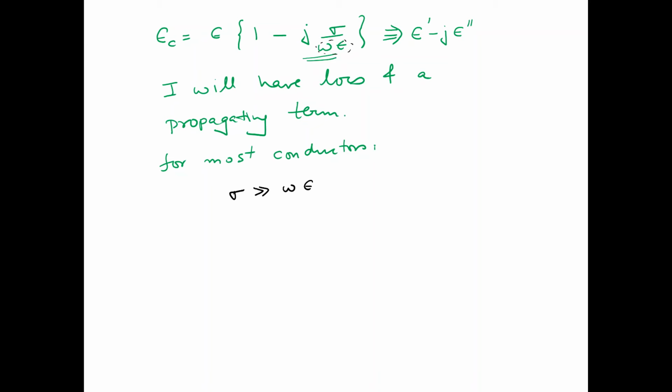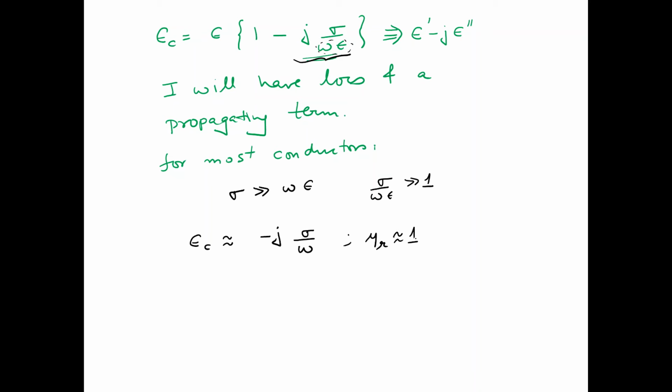So I can basically say that sigma by omega epsilon is going to be much, much larger than 1. So only this term is of importance. So my epsilon conductor, I can approximate as minus j sigma by omega. Good. Let's assume mu r for the conductor is 1.